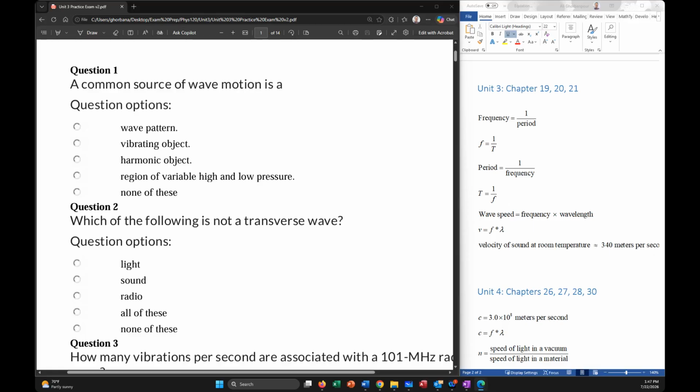You can type in the chat if you already know the answer. I will check the chat. The right answer for this question is the vibrating object.